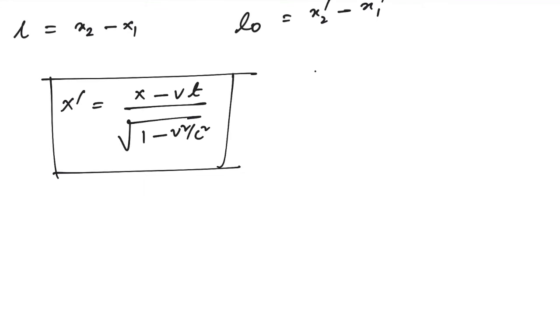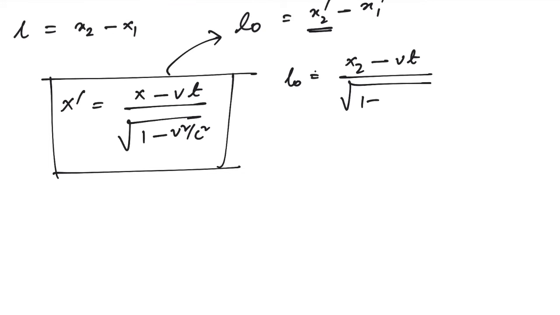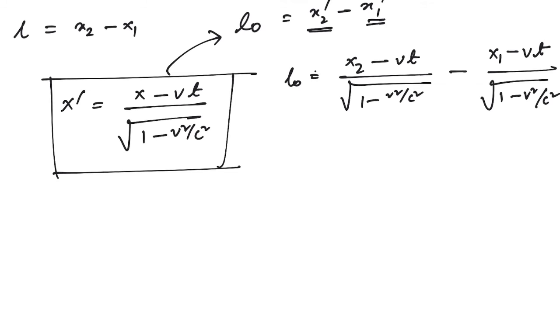Now here you see, if you apply this relation, then L naught is equal to, instead of x2 dash, we can write x2 minus vt by root over 1 minus v square by c square, minus, and instead of x1 dash, x1 minus vt by root over 1 minus v square by c square. Here x dash is for the frame of reference S dash, and x is for S. So hope you have understood this relation.